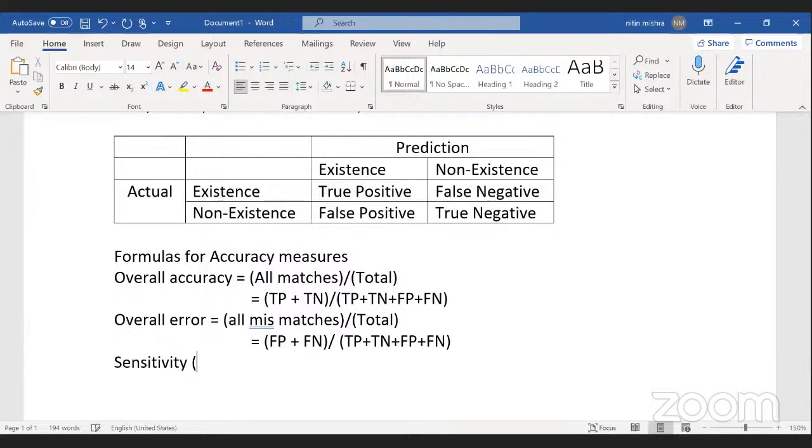Sensitivity. Okay. So what is sensitivity? It is also called the true positive rate. So sensitivity, true positive rate. So obviously you will have TP on the top divided by TP plus FN.